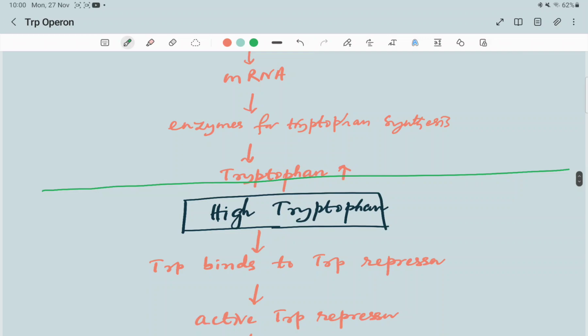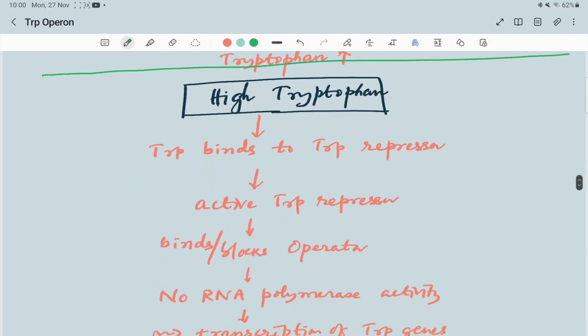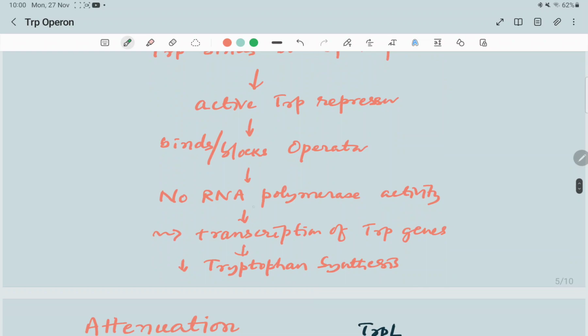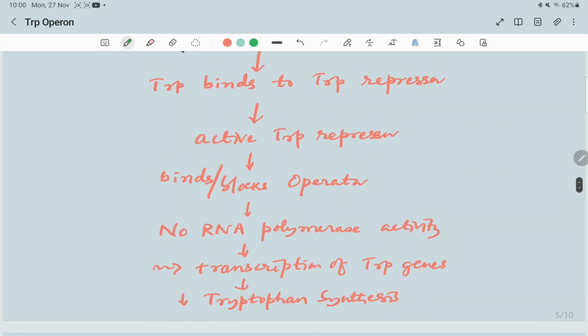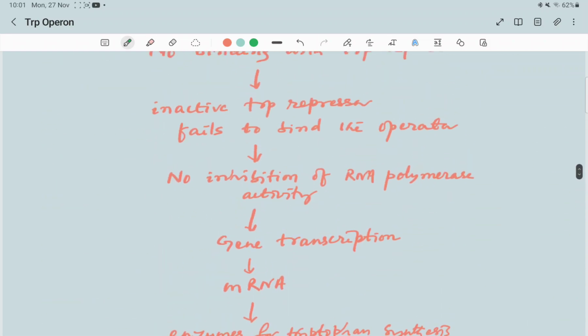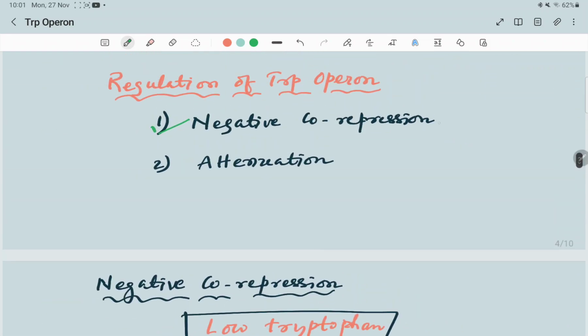When there is high tryptophan, what happens? High tryptophan binds to the TRP repressor, makes it active, it blocks the operator, so there will be no RNA polymerase activity and it will inhibit the transcription of TRP genes and there will be a decrease in tryptophan synthesis. So this is all about the regulation of tryptophan synthesis by the TRP operon through negative co-repression.